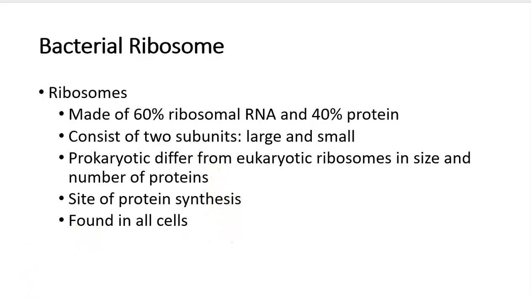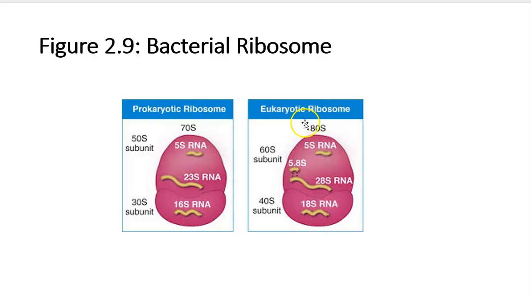Okay, I've got a little picture here, and you can see the difference. Here's the eukaryotic ribosome, and we say it has a 60S subunit and a 40S subunit, and we add that together, kind of weird, and get an 80S. The prokaryotes are slightly smaller. They have a 50S and a 30S unit, so it is a smaller ribosome. Okay.